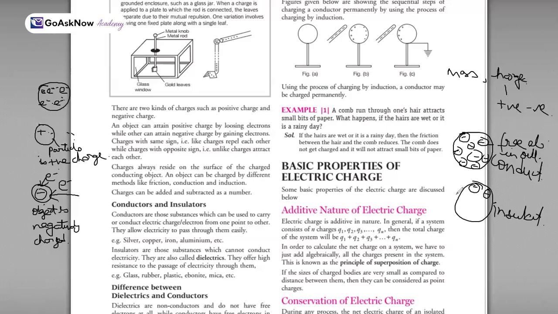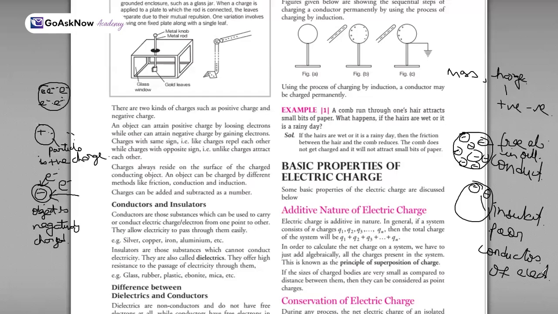You can find only one or two electrons there, so they cannot be effective in conducting electricity or heat also. So insulators are poor conductors of electricity.